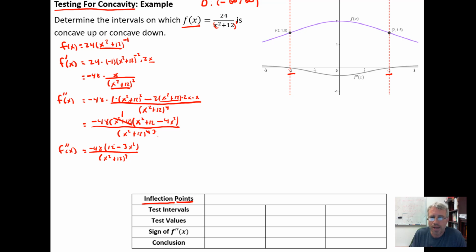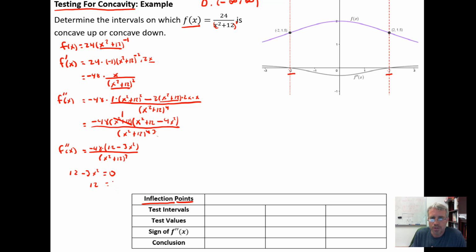So if we have a rational function, it will only equal 0 if the numerator is equal to 0, and I have a product of 2 terms here. Negative 48 can never be 0. So the only way for the second derivative to be equal to 0 is for 12 minus 3x squared to equal 0. So we take 12 minus 3x squared, and we set that equal to 0.